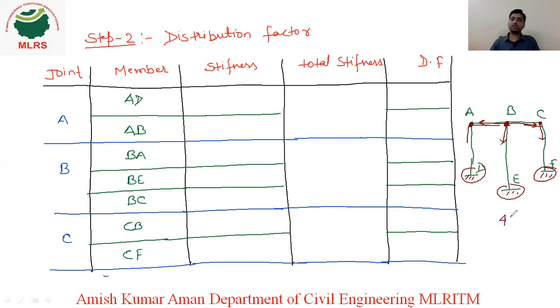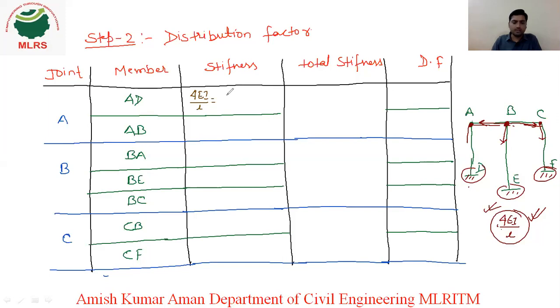For this we will use only one formula, that is 4EI upon L, because there is no hinged condition, so we will not use the formula 3EI upon L. For calculating AD, the far end is fixed, 4EI upon L. For AB, the far end is continuous, 4EI upon L. For BC, the far end is continuous, 4EI upon L. For BE, the far end is fixed, 4EI upon L. So the formula for calculating stiffness for all the members will be only 4EI upon L. Write it here, 4EI upon L, for all.